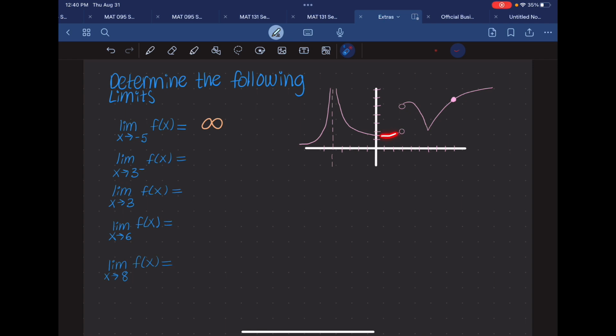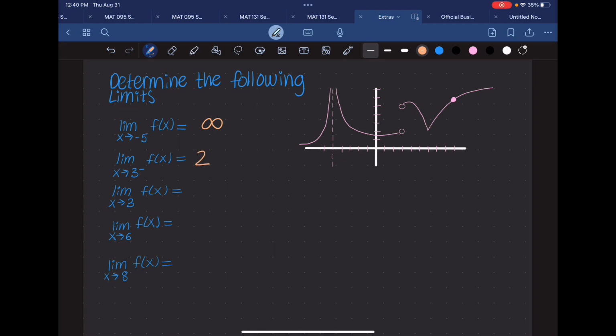And when we're on this part of the function, we are approaching this output value, right? This is the height of our function at 3, or when we're getting really close to 3, that's the output that we're getting really close to. And so that's an output of 2. So the limit as x goes to 3 from the left is going to be 2.